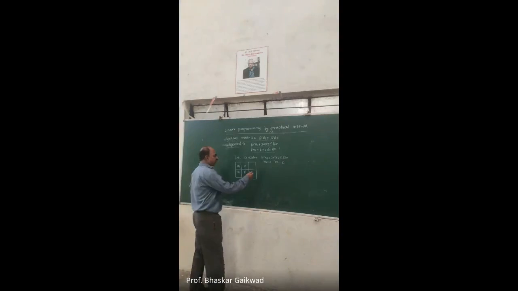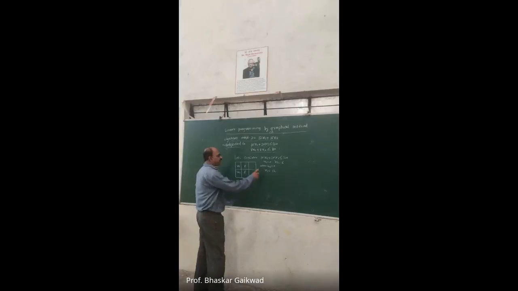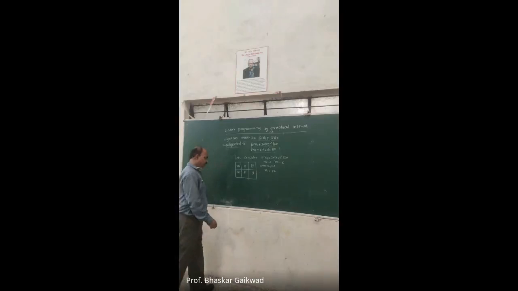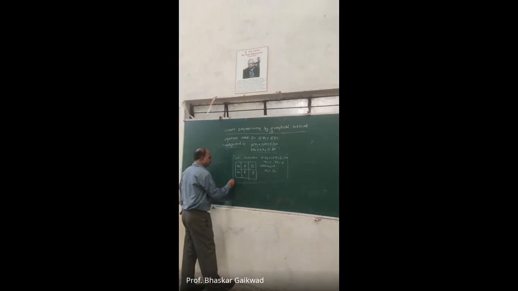In the reverse way, when x2 is equal to 0, then x1 is equal to 12. Correct? So here it is 12 and here it is 0. So this is the first equation related to the given conditions.